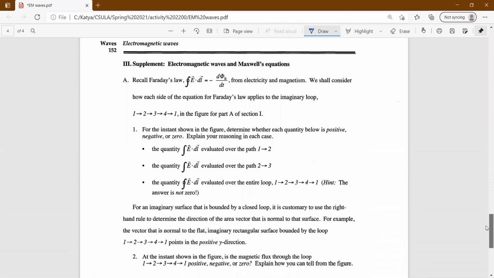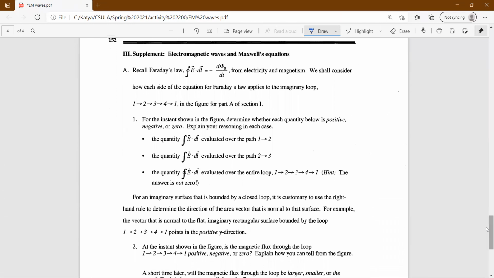Now, for page 4, maybe it's going to look a little weird to you that they are writing down Faraday's law in terms of an integral, right? What is this little line integral over here? People who remember calculus know that's actually the work of the electric field along the line, along the circle or loop. Okay, so if you have something like this, a wire bent like a rectangle, the electric field is going to do work along this wire.